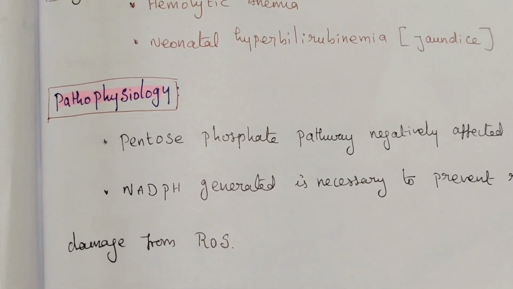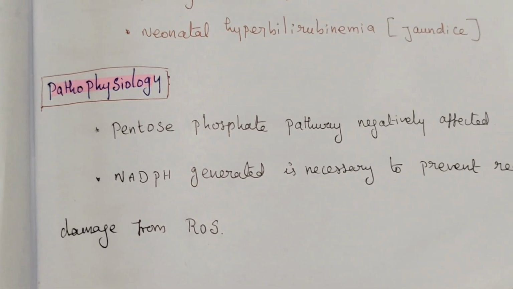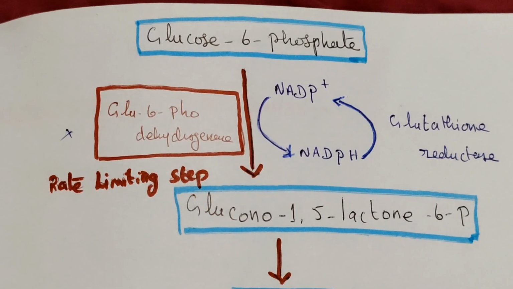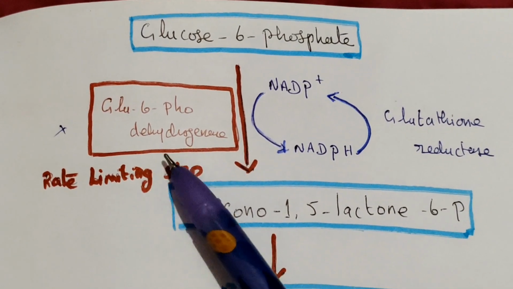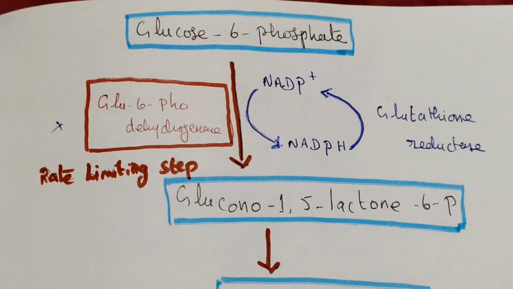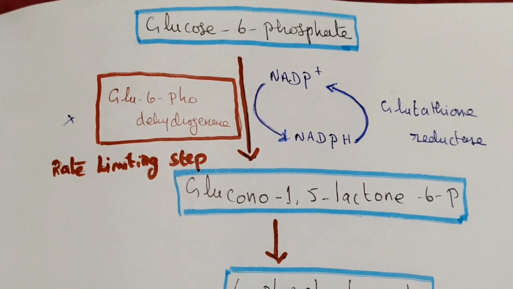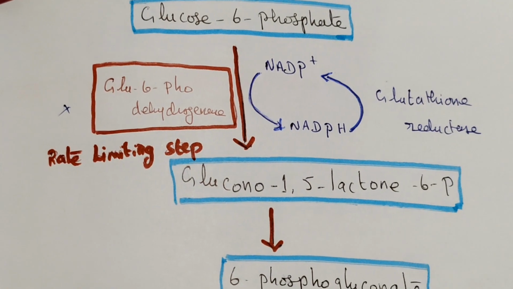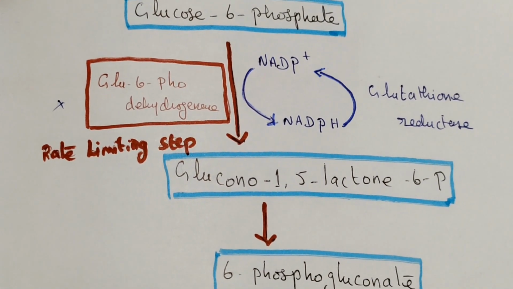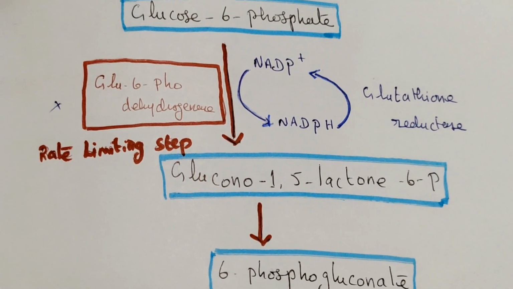In fact, if we look at this schematic of the pentose phosphate pathway, we can see the reason why the glucose-6-phosphate dehydrogenase enzyme is so important.